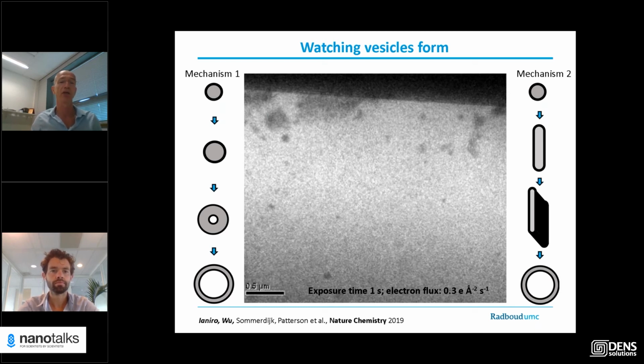If you collect movies, you have to make multiple images, and for every image this dose is added. These images were recorded with a relatively old camera, not a very sensitive camera, and in a relatively old electron microscope. So with new technology, you could do the same with much less dose, or get far more resolution with the same electron dose.